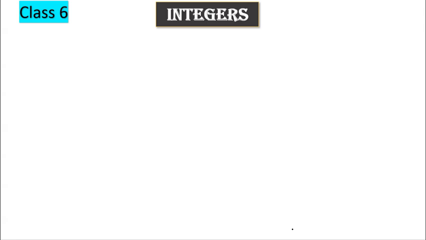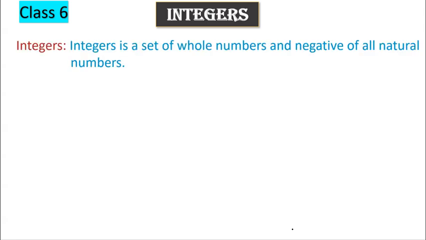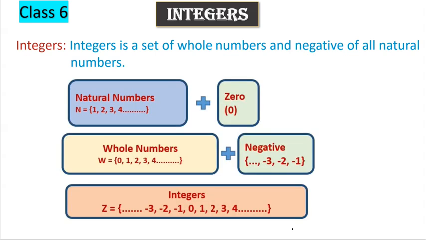So, integers are a set of numbers in which the whole numbers are there and the negatives of all the natural numbers are there. If I represent the set of natural numbers as N, with 0 added, we get whole numbers. With the negatives of natural numbers and whole numbers added, we get the set of integers.